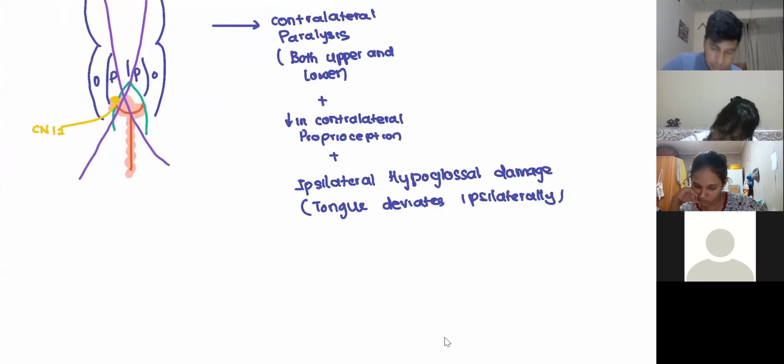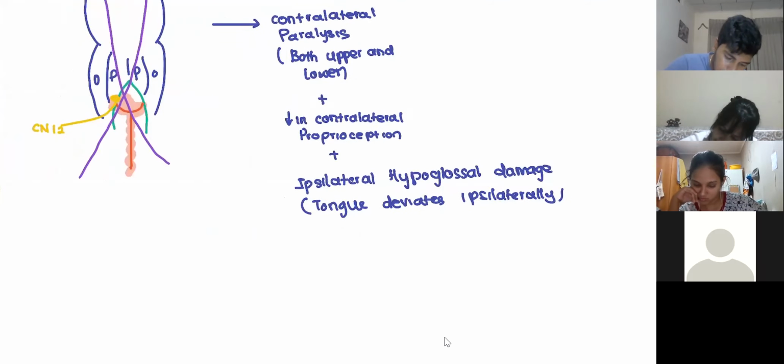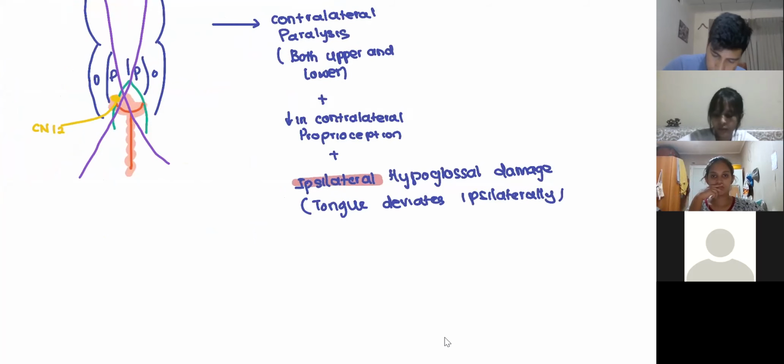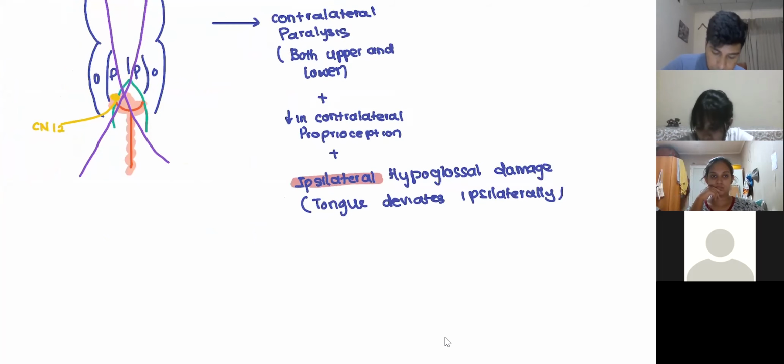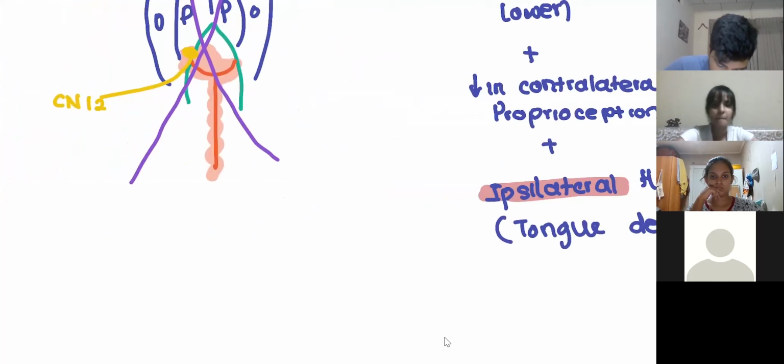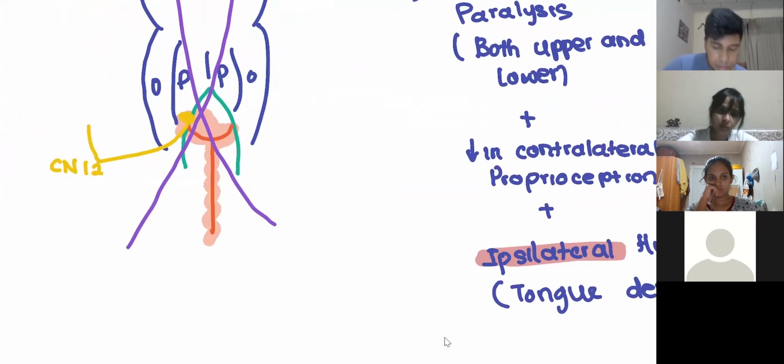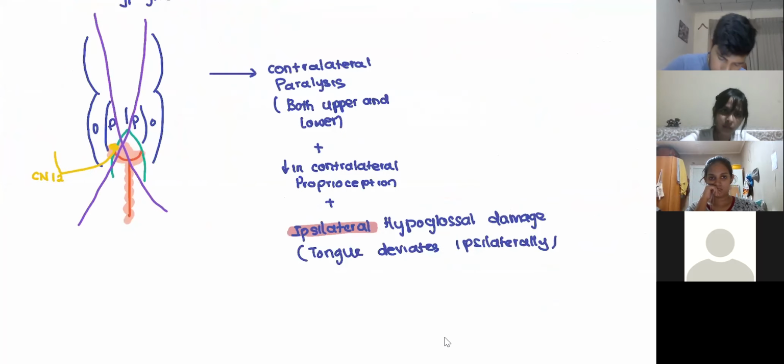I'll explain this. Now you can see that the cranial nerve has left here. It has already left. This is the first place you get ipsilateral. You can see the cranial nerve has left and the stroke has happened. So the cranial nerve, which is going this way, will go and innervate the tongue of that same side. So this is the right side, right tongue.